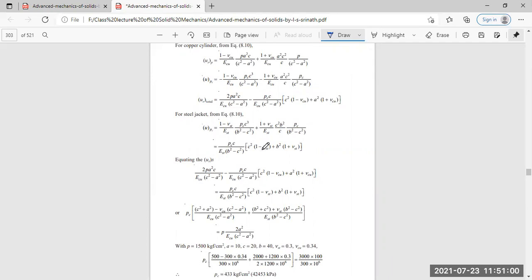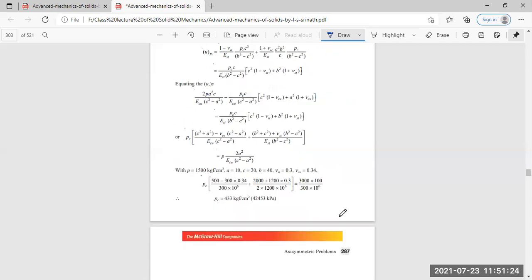So what we are doing next, we are reducing to a certain extent like this. We have brought PC to this side and brought PC to the right side, and after a few simplifications, we got the equation for PC in terms of P. Now, here we can use the numerical values itself.